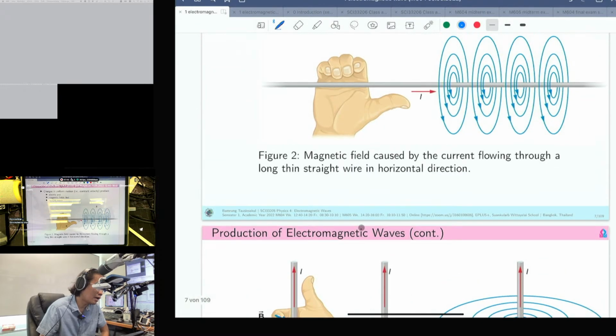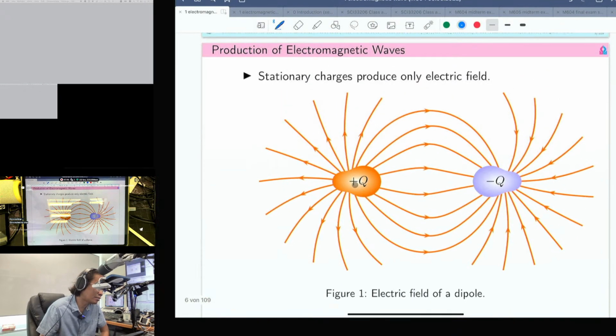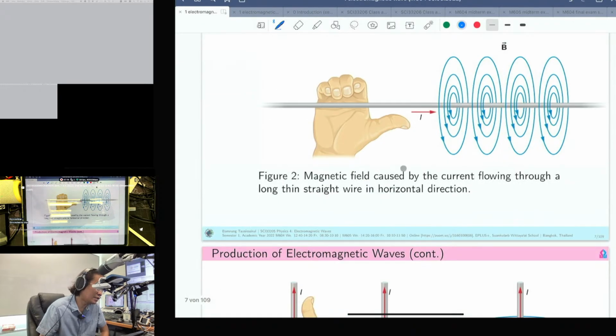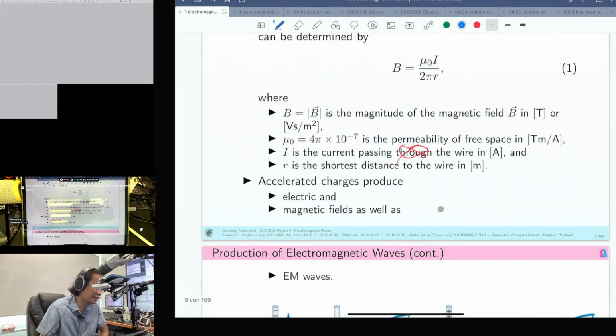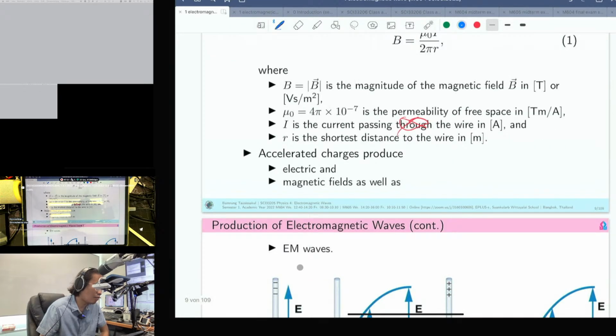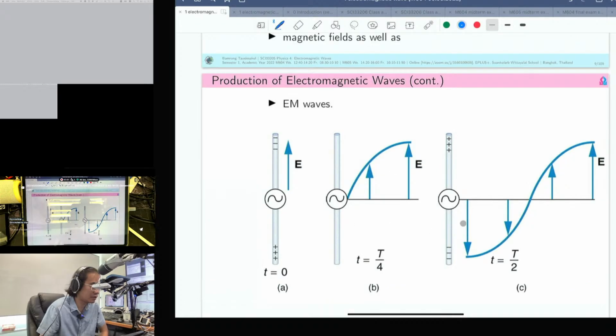Because even if the charge doesn't move, we have an electric field like this. And once the charge moves, we have a magnetic field. But one special thing is that if the charge has an acceleration, we would also have an electromagnetic wave. And we will see how the electromagnetic wave is generated in the following way.